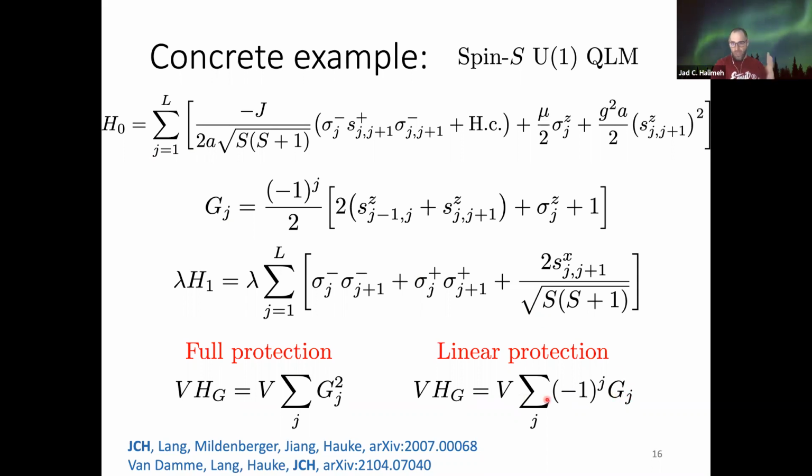You sum over this alternating configuration, and this is your protection term. So in terms of experimental feasibility, this works extremely well. It's very simple. The only problem is now your adjusted time theory, at least according to the worst case scenario, will persist up to a system size dependent timescale.